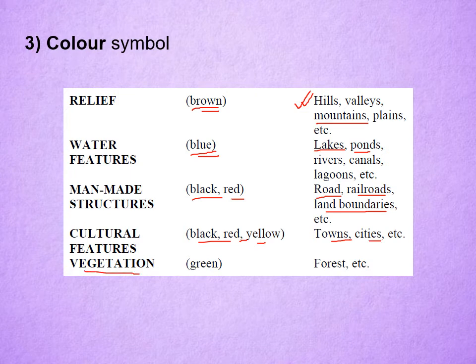For vegetation, we use the color green of different shades. For dense forest, it is darker green. For lighter forest, for sparse vegetation, we use lighter green. So different shades of these colors are used along with the contour lines to indicate different features within your given area.